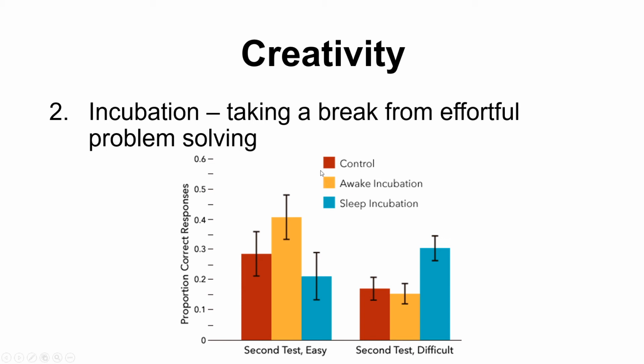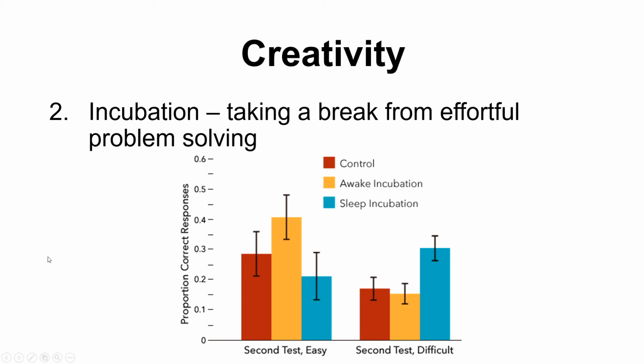There was an awake incubation group where they did the first test and then completed the second easy test or second difficult test after an 8-hour period in which they weren't allowed to sleep, but they just did other tasks. And then our third group is a sleep incubation group.